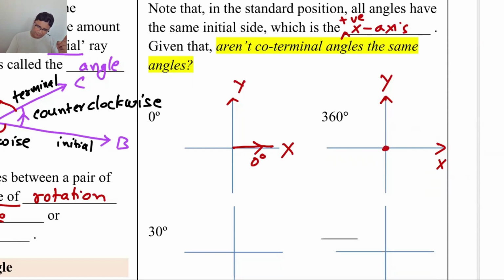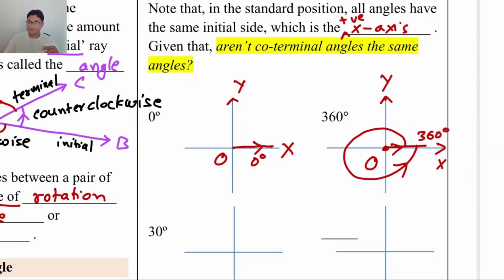But you could start from there and make one full rotation, and that would be the same angle, your 360 degrees. 0 degrees and back 360 degrees is the same direction. So they have the same initial ray, of course, and also the same terminal ray, right? So graphically, if you see, it's the same angle.